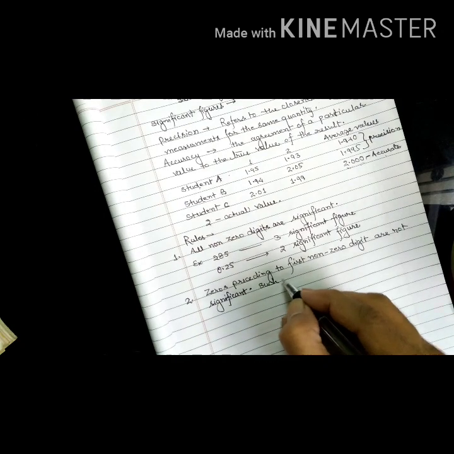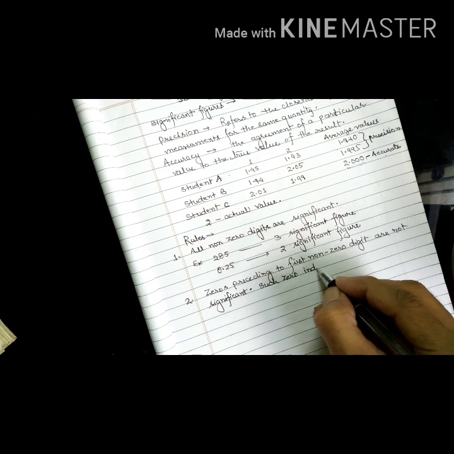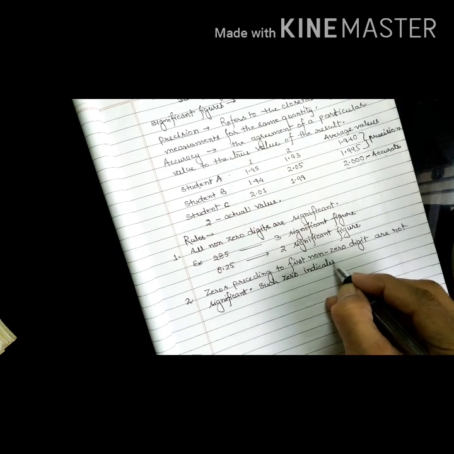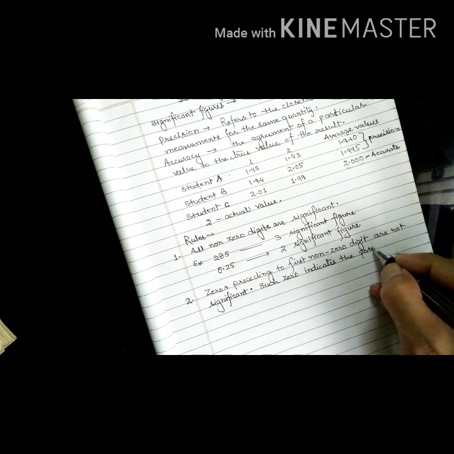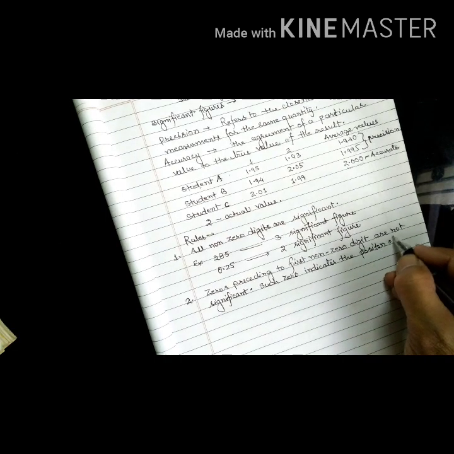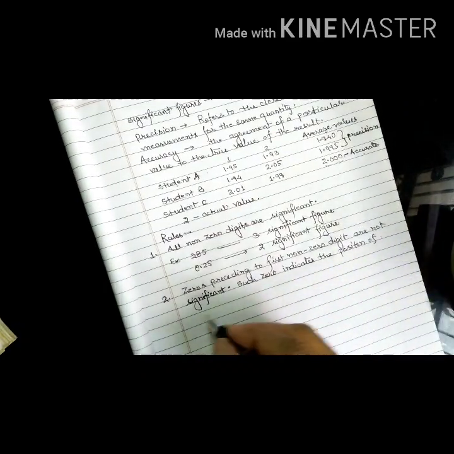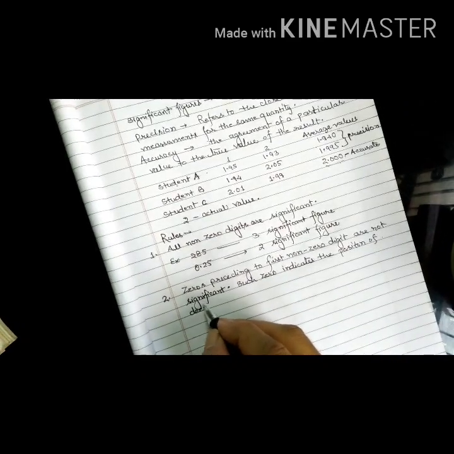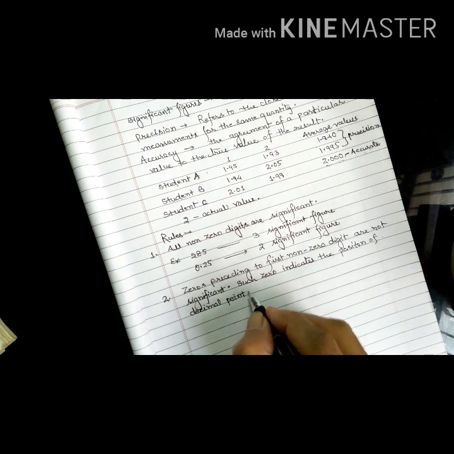Such zeros indicate the position of the decimal point.